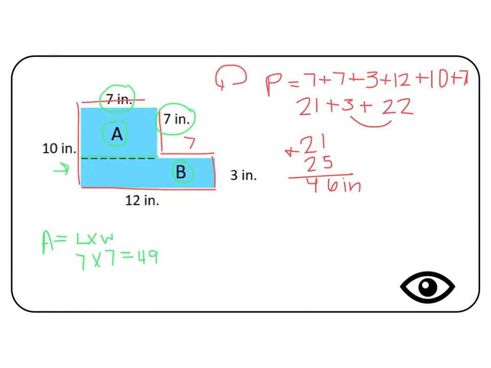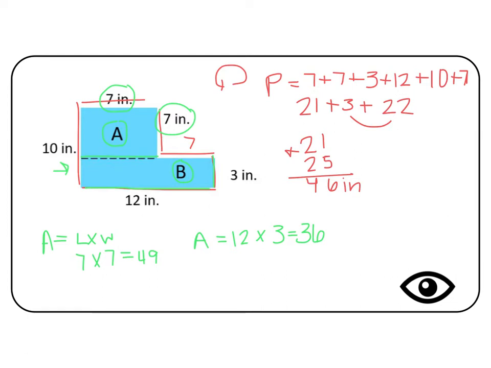Now we need to find the area of rectangle B. Rectangle B looks like it has a length of 12 and a height of 3. So our second area is going to be 12 times 3, which equals 36.